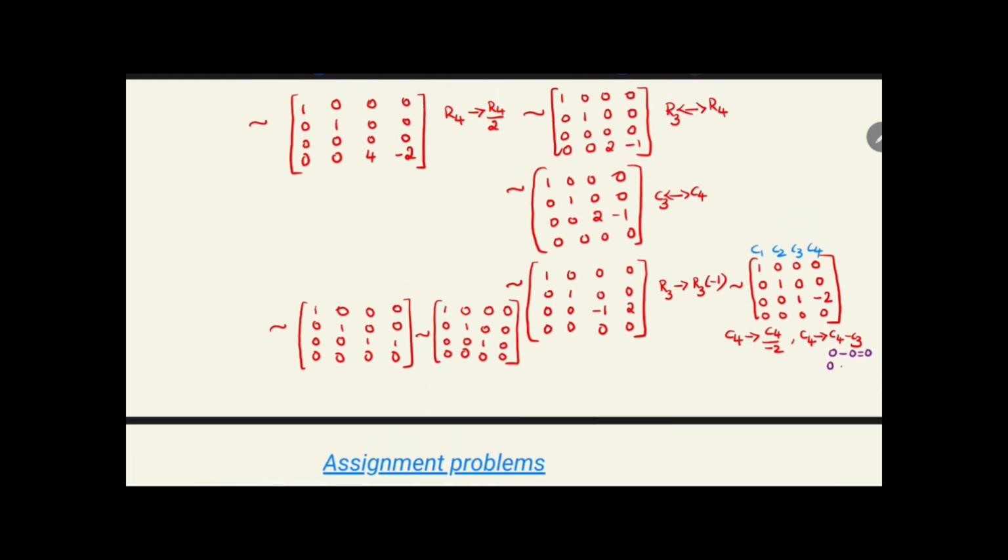It is 0 minus 0, again 0. Now here it is 1 minus 1, 0, and 0 minus 0 is 0. So I got all elements are 0 here. So if you observe carefully, this is a 3 by 3 identity matrix, 1 0 0, 0 1 0, 0 0 1.